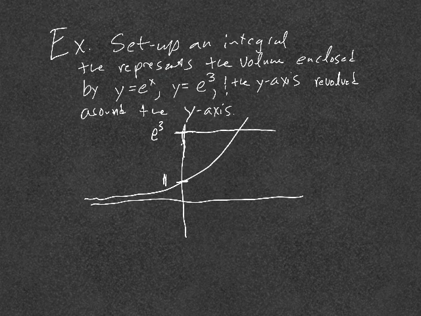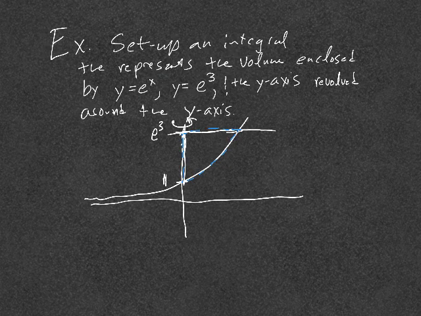And so this is going out this way, and then here's my y-axis, and so my region here is this area enclosed right here, and then we are going to spin this around the y-axis. Okay, so we're taking this region and spinning it around the y-axis.